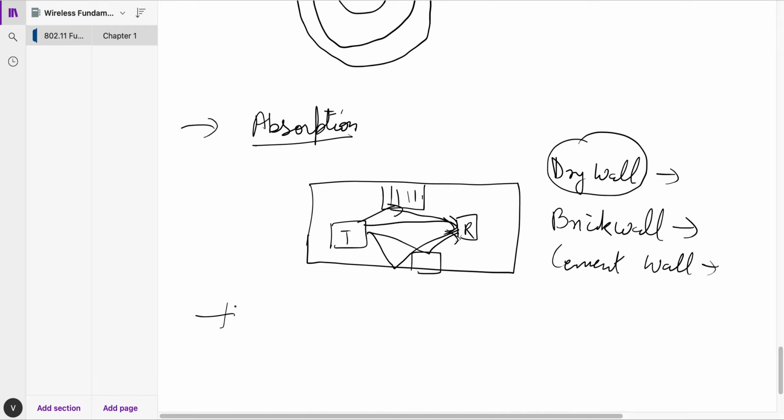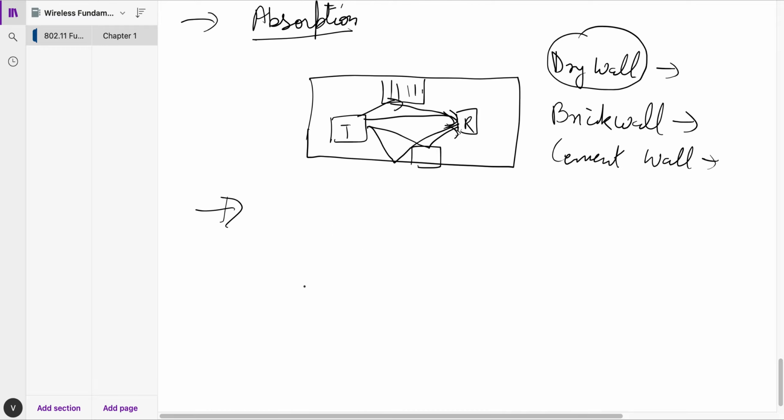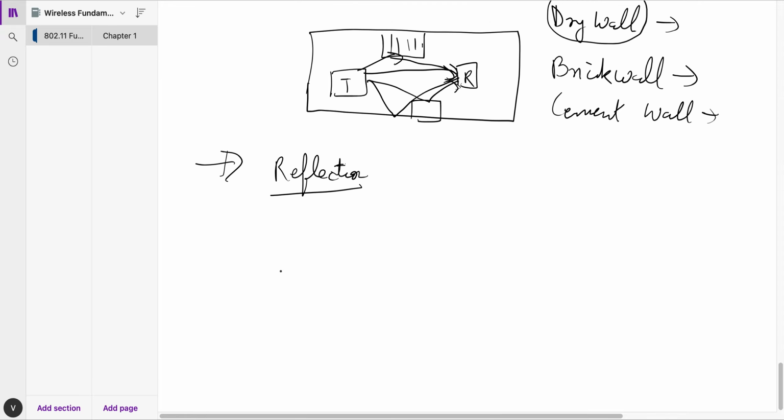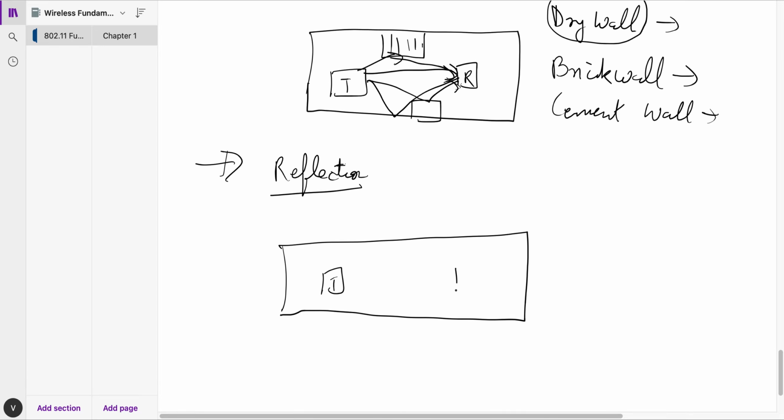And the third behavior of RF is called reflection. Now, reflection is nothing but, let's discuss with an example, transmitter and receiver. So I'm going to draw a similar diagram. When a transmitter wants to send traffic to the receiver, a wave can take multiple paths, not just one.